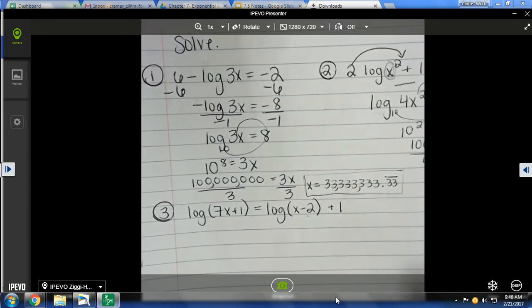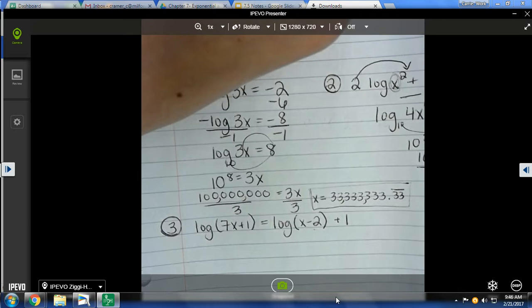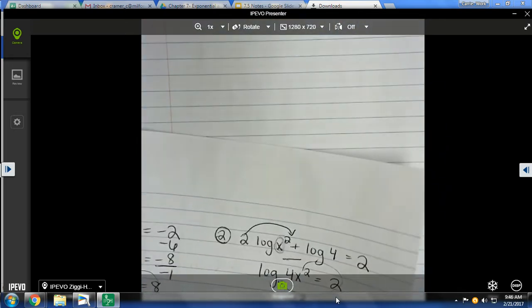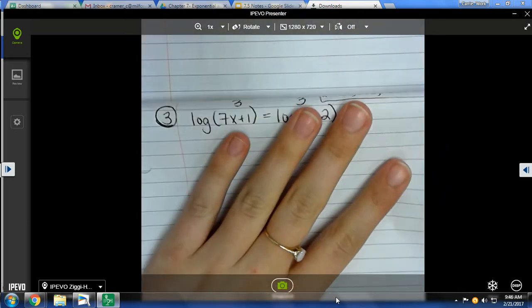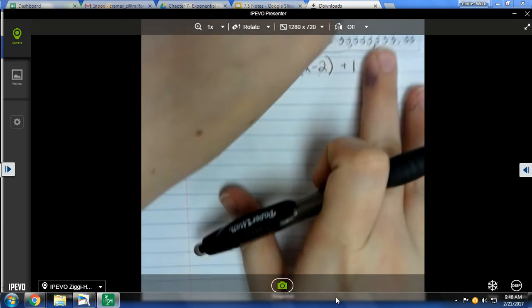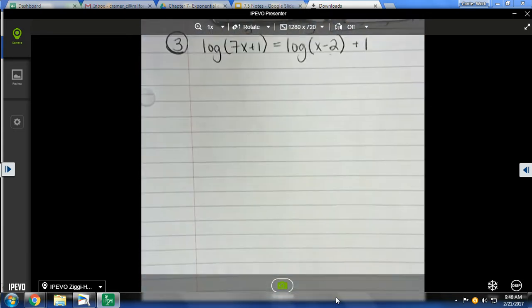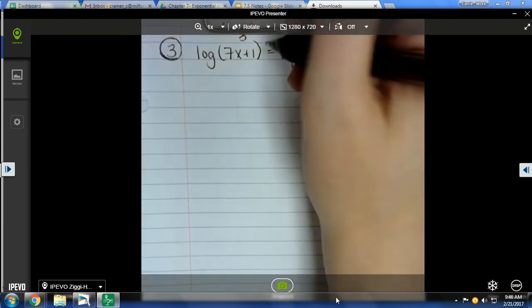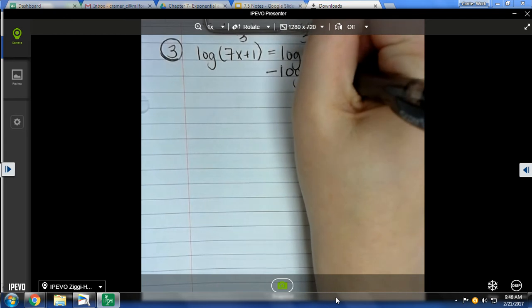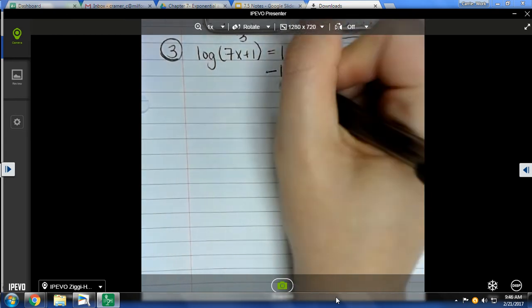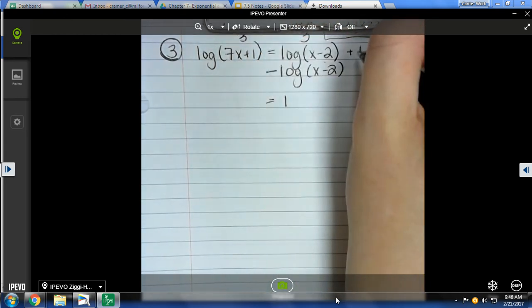Alright, and last one, here we have logs on both sides, and that is not what we want. So we want to do something to get that log just on one side. So we're going to subtract this side, because that will leave our plain number over here.